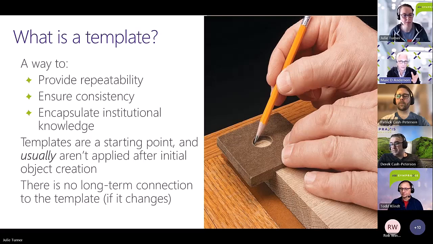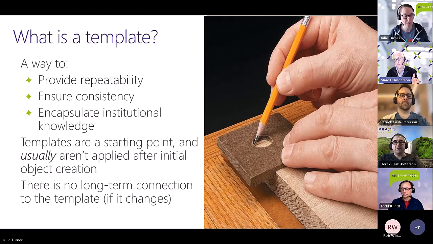So templates in this sense are a starting point. Usually you don't apply them after you start creating content and actually using the thing, but they can be applied if you have, for example, a template for stage 1, stage 2, stage 3.